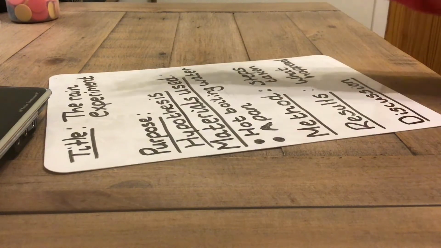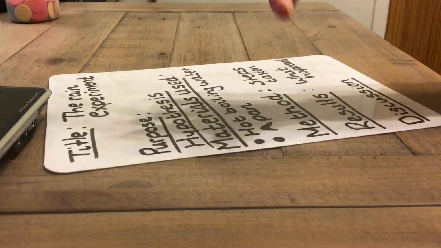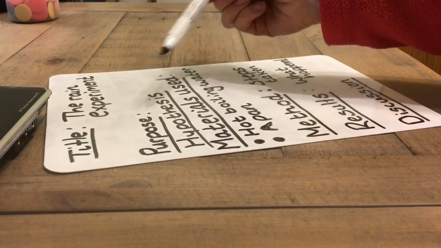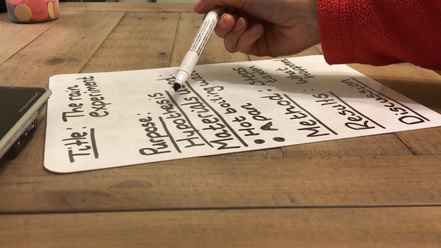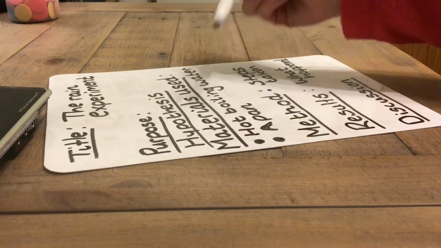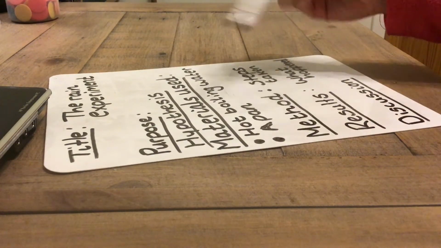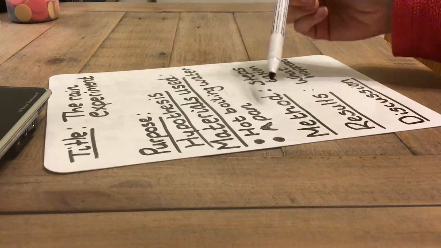Normally in a report, you would plan the experiment, you would write your title, your purpose, the hypothesis, you would list the materials you're going to use, and then you would do the experiment and then write the rest.